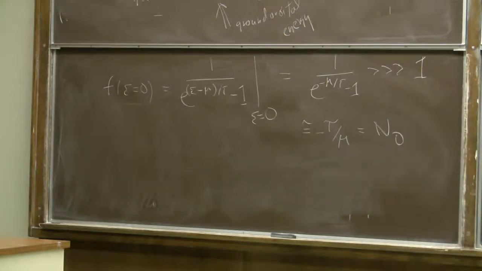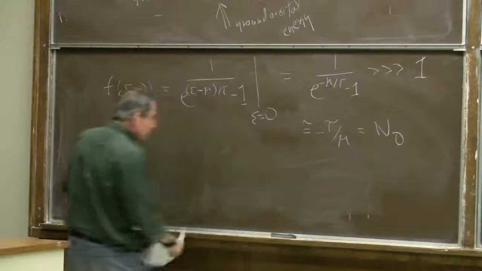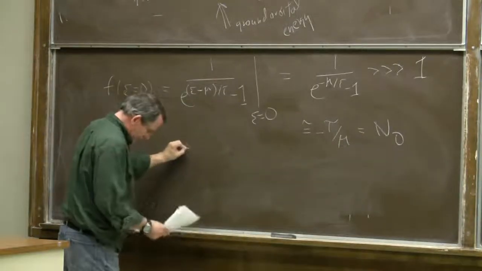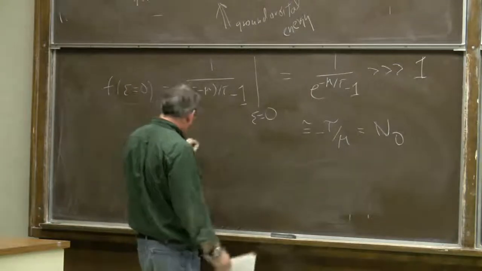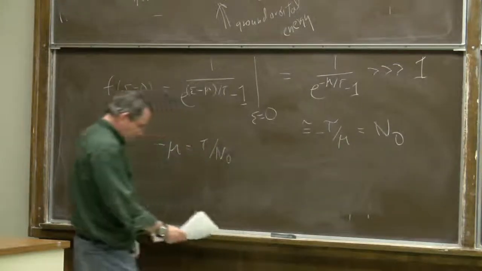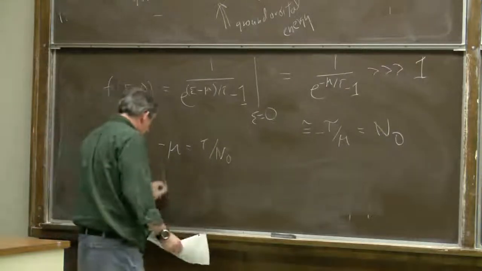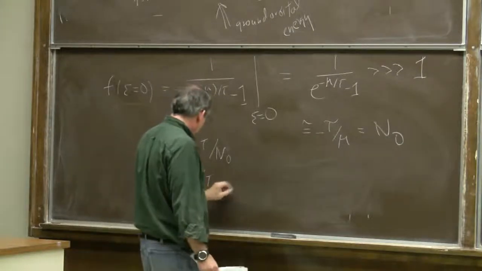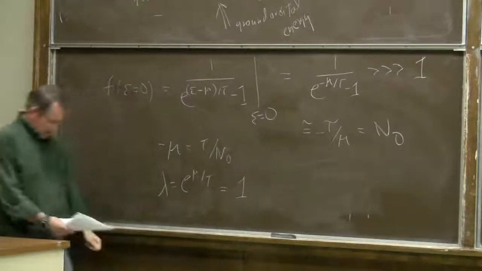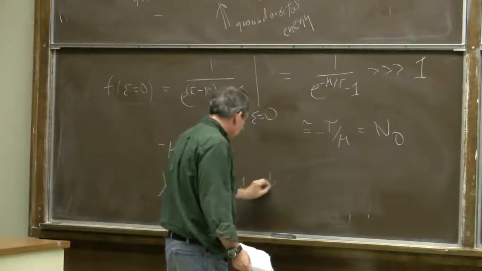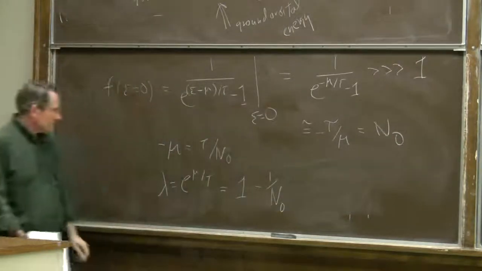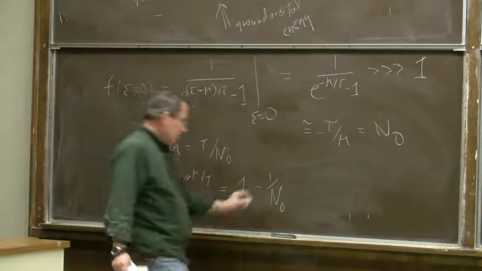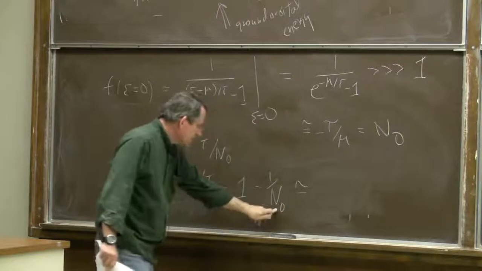So if I want to have a number of particles n0 in the ground orbital, I choose the chemical potential mu, I choose minus mu to be tau over n0, or if you want to say it in terms of the activity, lambda equals e to the mu over tau, when n0 is very large, is 1 minus 1 over n0, that is, 1 minus 1 over the number of particles in the ground orbital, which, for a large system in a Bose-Einstein condensate, is a huge number.